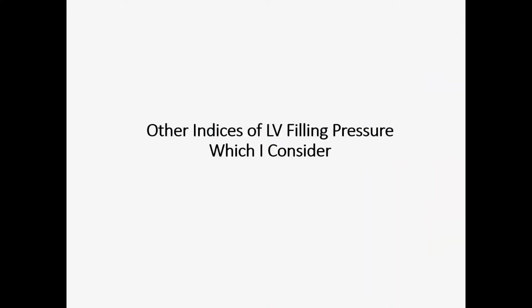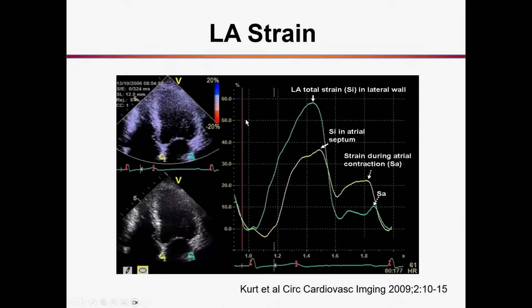Other signals that I look at include left atrial strain, and we now acquire strain with speckle tracking. The signal that has received the most interest and that has the most data to support its use is the reservoir strain. This is the largest value of strain that we record at end systole.